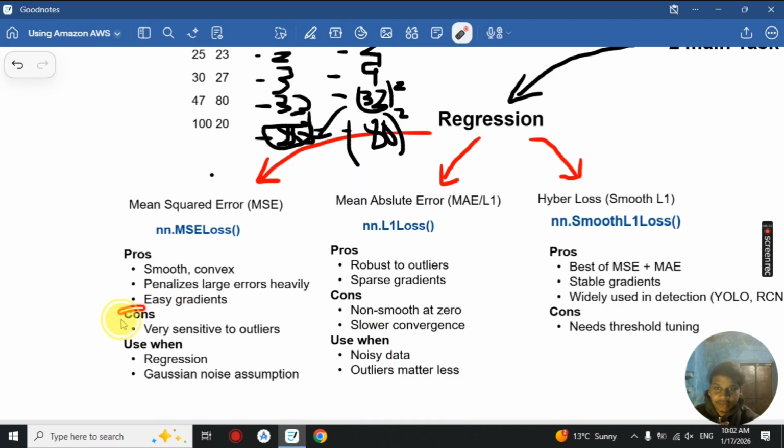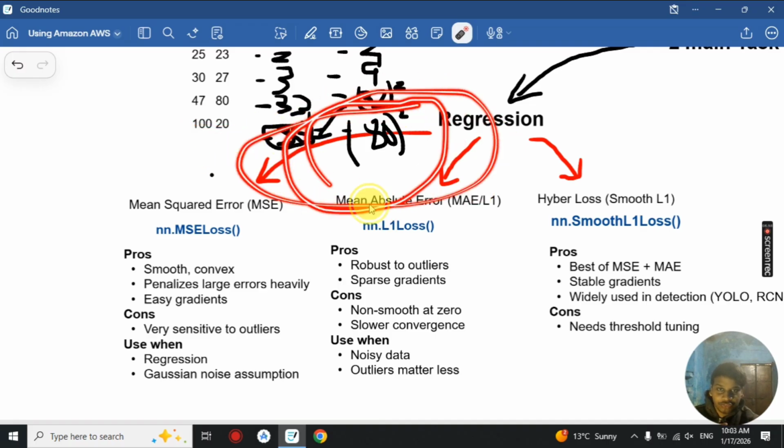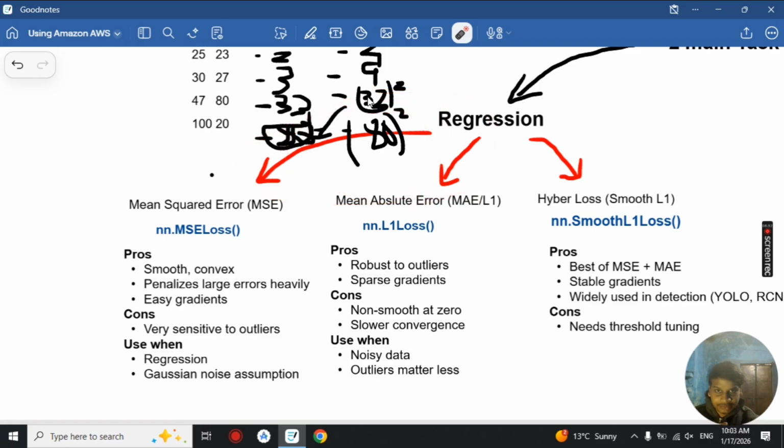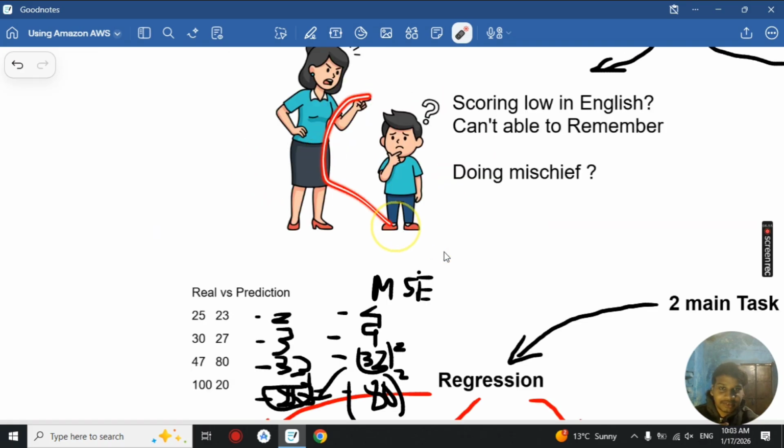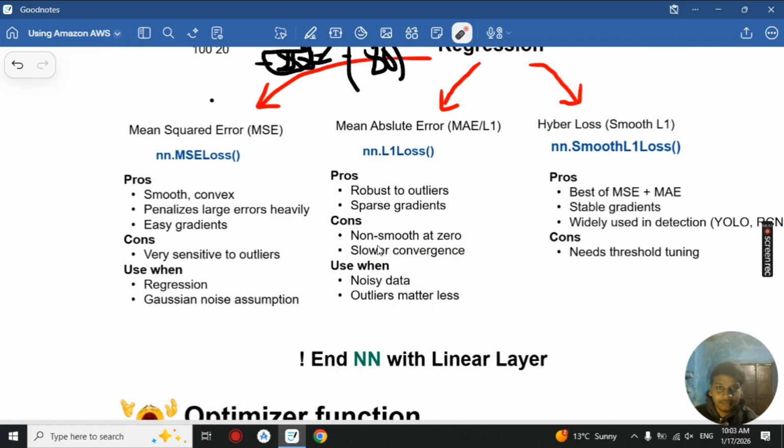The con is that it is very sensitive to outliers. If the 100 was an outlier, it raises a very high error without any real reason.